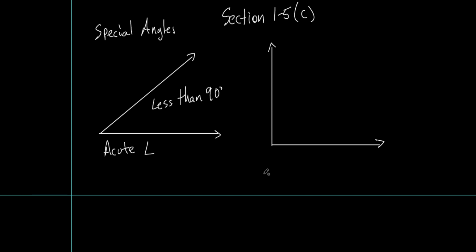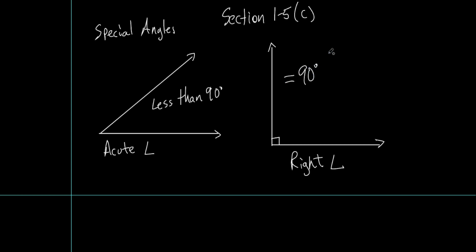There's several ways they can tell you, but there's one way in particular. Do you remember this one? Yeah, you put a little box right here. That right there tells you that this is a right angle. I keep saying right angle. I'm supposed to save that for the end. But anyway, a 90 degree angle is called a right angle. So a right angle is equal to 90 degrees.